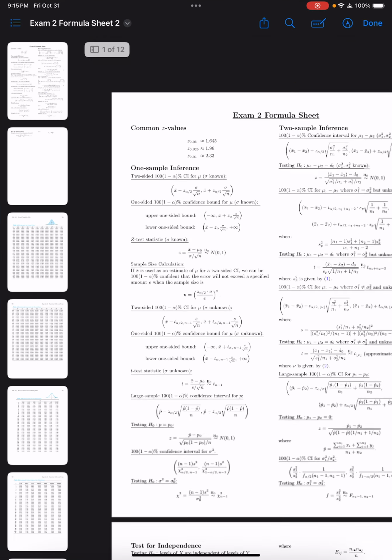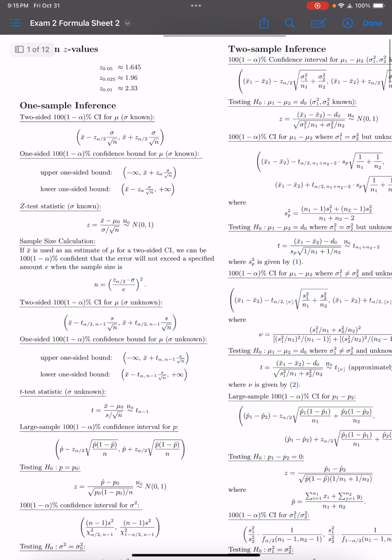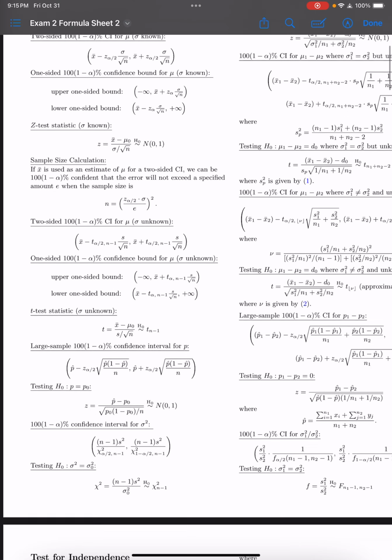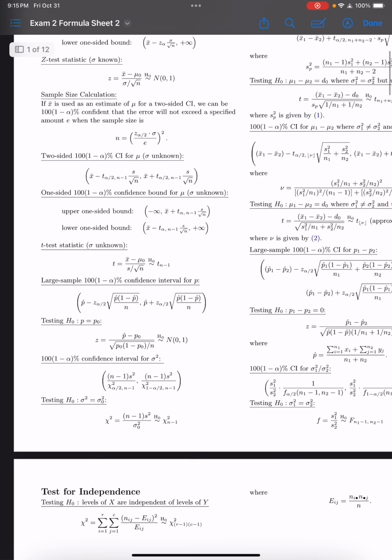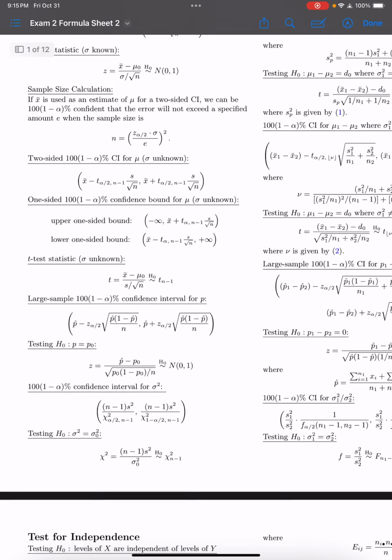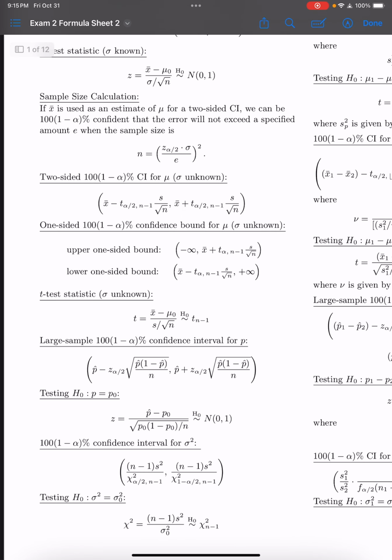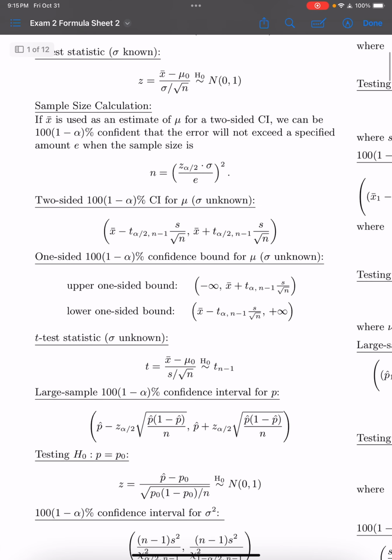And so we can look at our formula sheet over here, at the confidence interval for an unknown standard deviation, and that's over here. So we can use this formula.